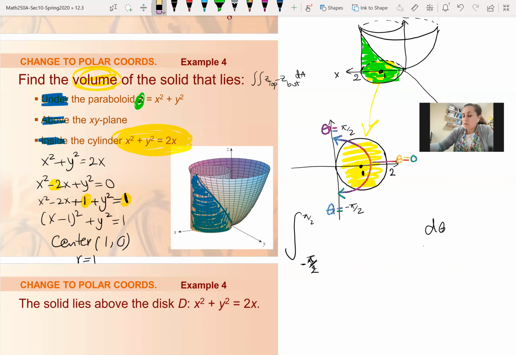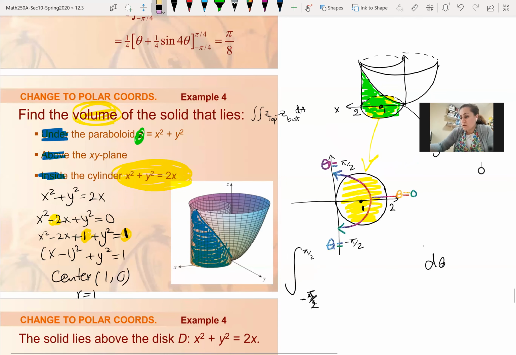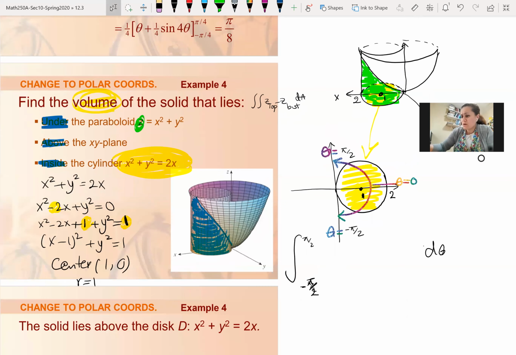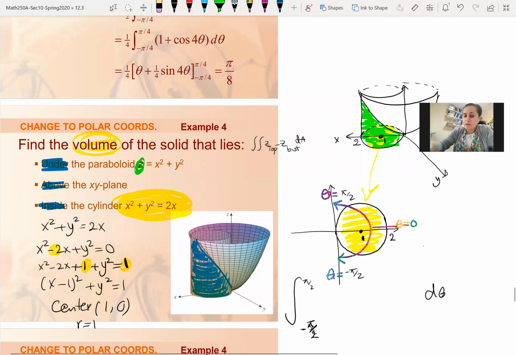So one more time, because of the comment I got from Luke, I think it was Luke. Remember, you are trying to get the volume, right? And then there should be an integrand and a region of integration.